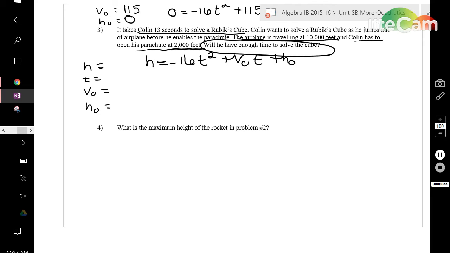So that's the starting height of Colin. If he's jumping out of the airplane at 10,000 feet, that's where he's starting, 10,000 feet above the ground. He wants to open his parachute at 2,000 feet above the ground. So the ending height, the height by which he wants the Rubik's Cube solved, is 2,000 feet.